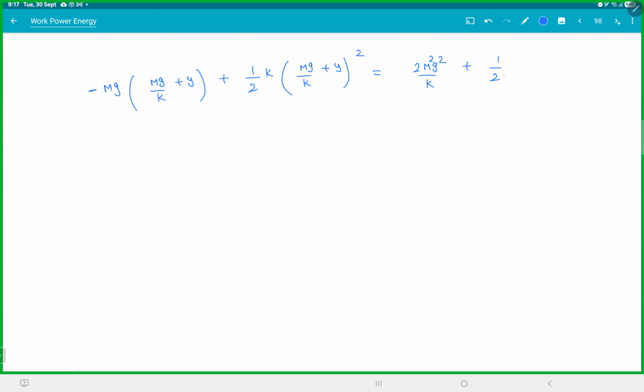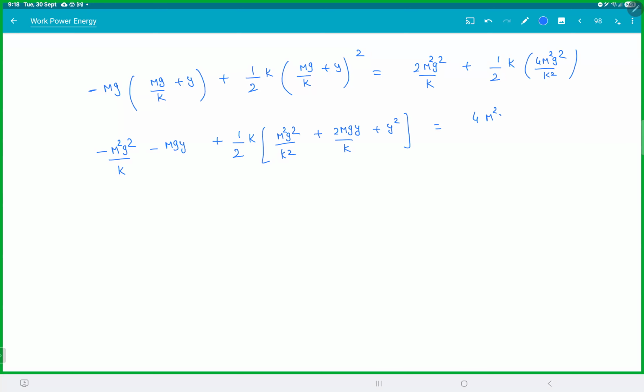So that is half k 4m square g square by k square. Expand this. Yeah, this looks big. Minus mgy. This will be half k m square g square by k square plus 2mgy by k plus y square.